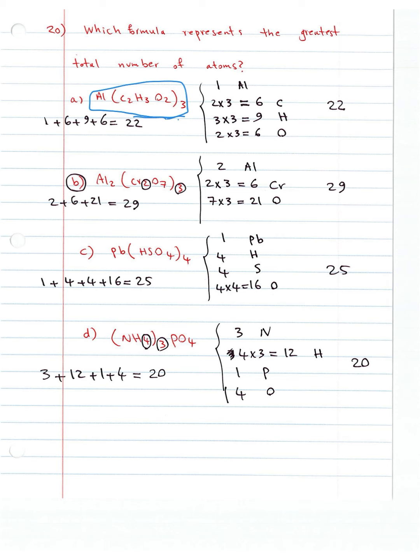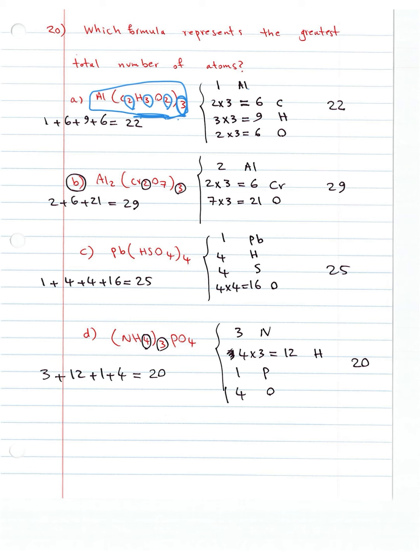So in each of these chemical formulas, when you want to count the number of atoms, you have 1 aluminum, 2 multiplied by 3, 6 carbon, 3 multiplied by 3, 9 hydrogen, 2 multiplied by 3, 6 oxygen.